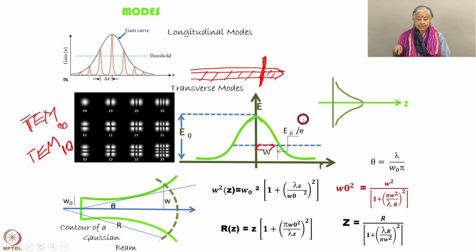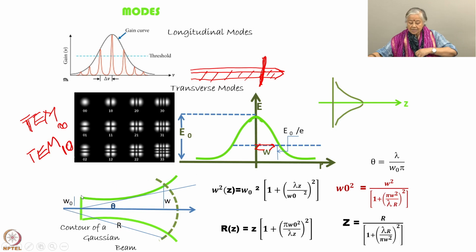Now, what is happening to the laser beam? Suppose this is the laser beam, this is the width of the laser beam, I show it here, omega 0. Omega 0 is the waist of the laser beam. So, this laser beam is coming this way, it comes to a narrow waist and then it diverges out like this. This is the contour of a Gaussian beam, which has a waist omega 0, and this is this width.